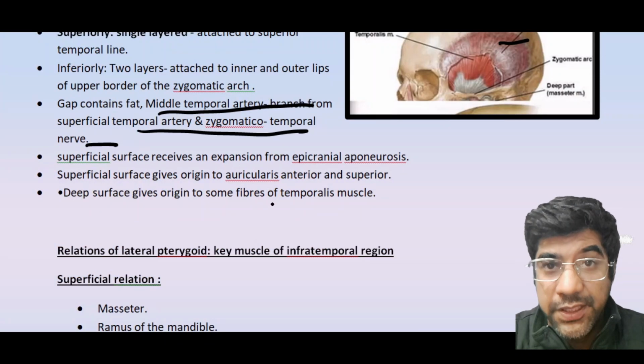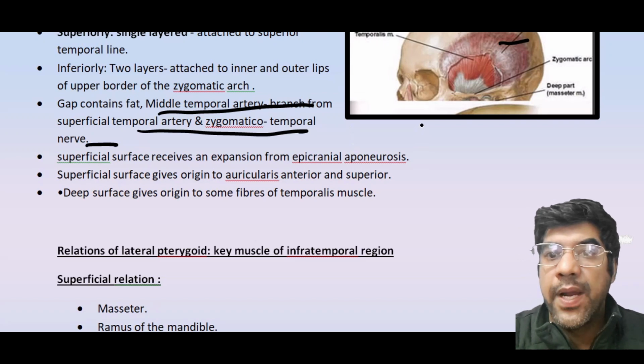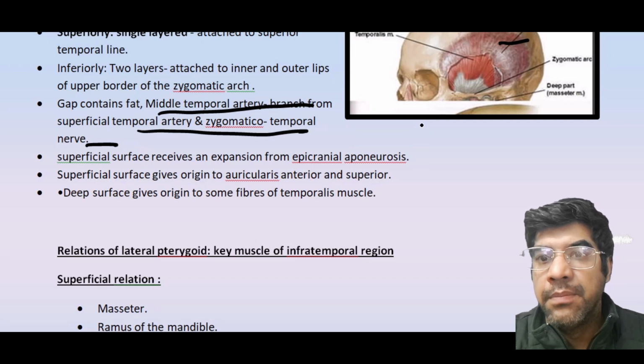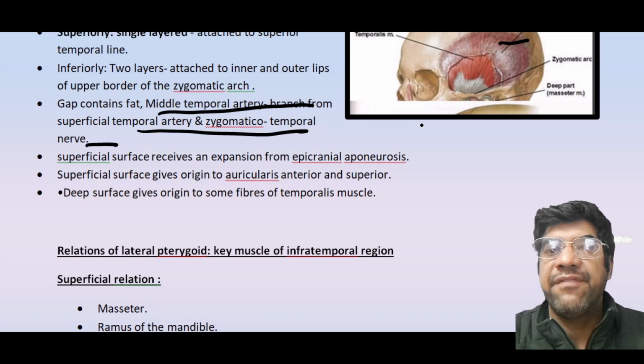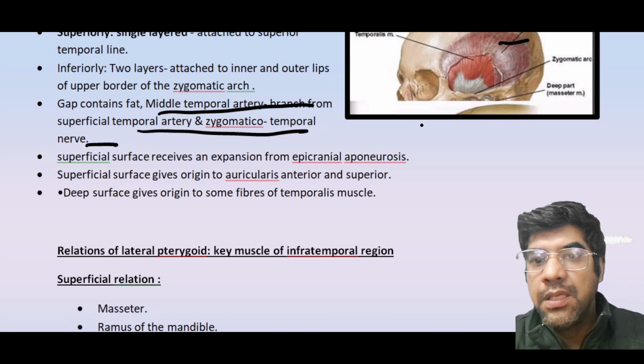Now what are the functions of this temporalis fascia? It provides structural support and coverage for the temporalis muscle. The deep surface of temporal fascia gives origin to some fibers of the temporalis muscle.